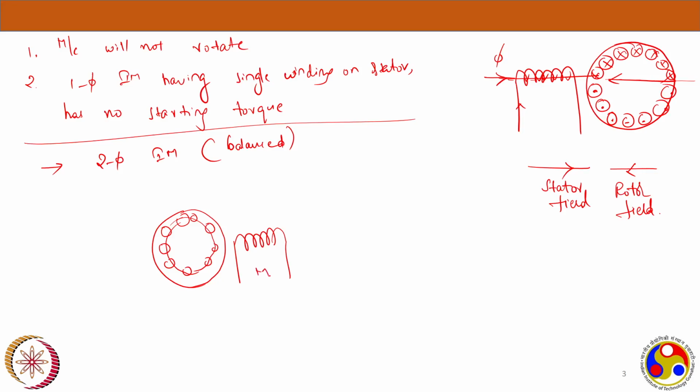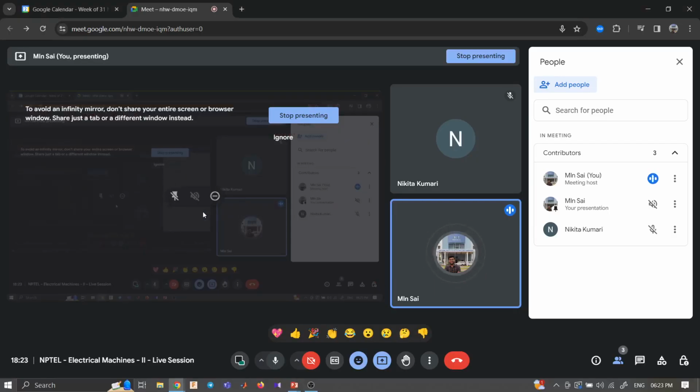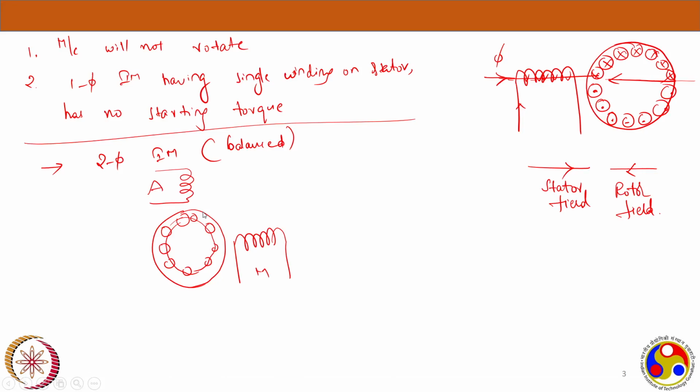You will call it M, and there will be another winding which I was talking about. I will call it A. So M is the main winding and A is the auxiliary winding. Now we have two windings. Now your stator has two windings, which are A and M. Later we will be addressing these two, M and A, as main and auxiliary windings.